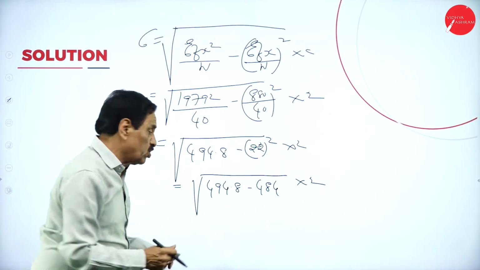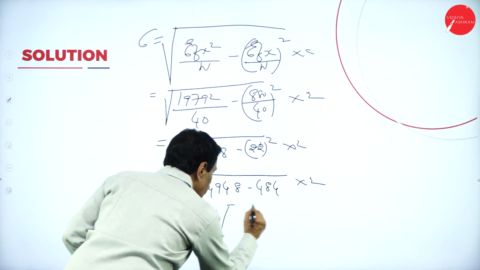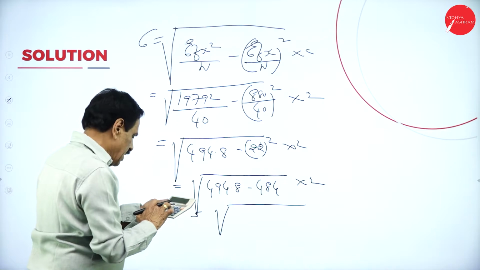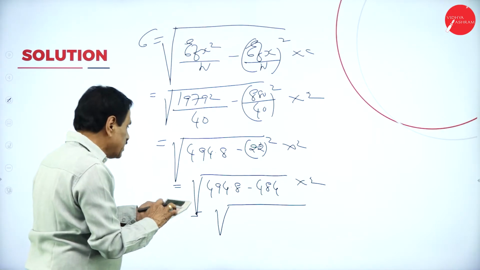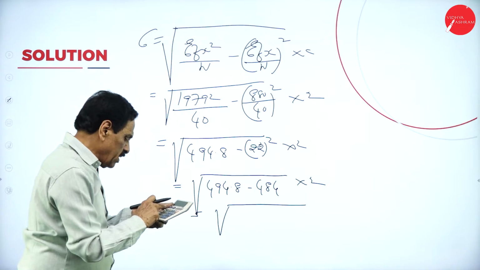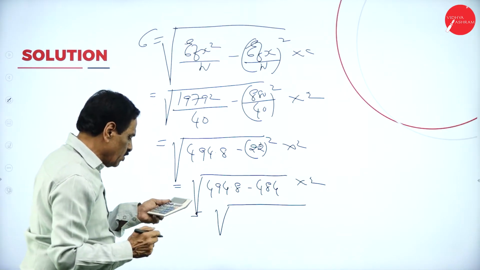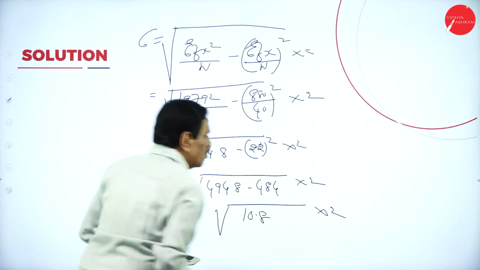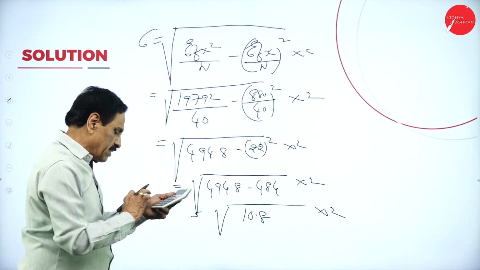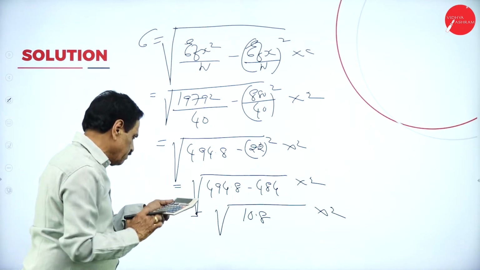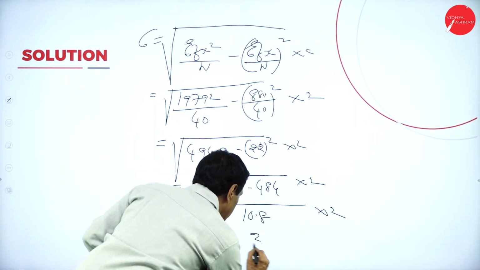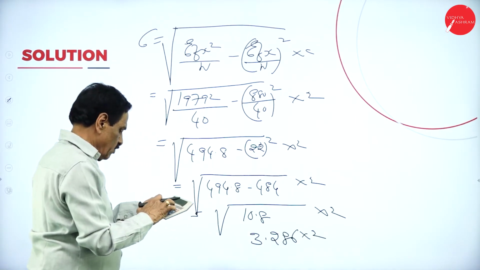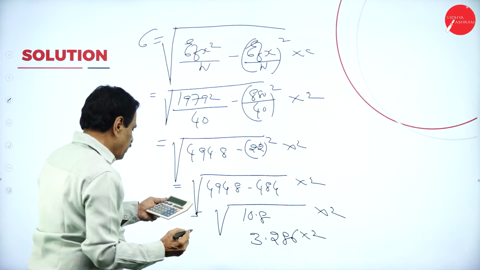Deduct and remove the root. 494.8 minus 484 is equal to 10.8, into 2. Root of 10.8 is 3.286, into 2 is 6.57.